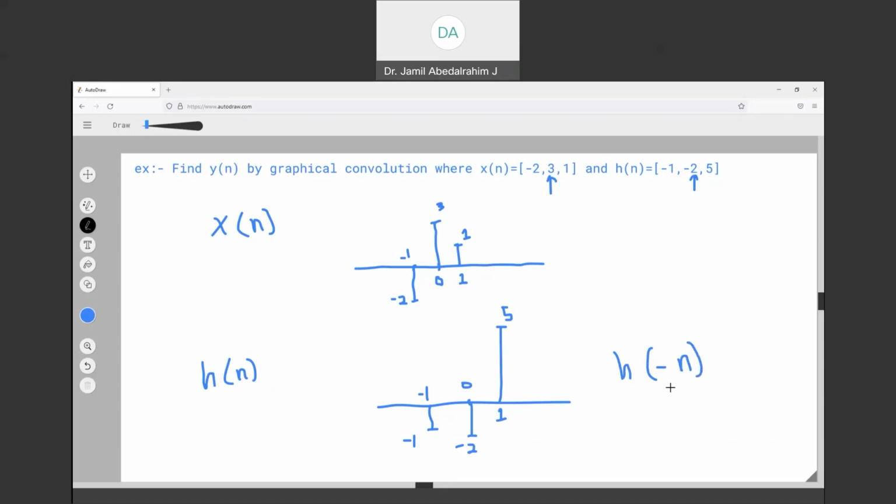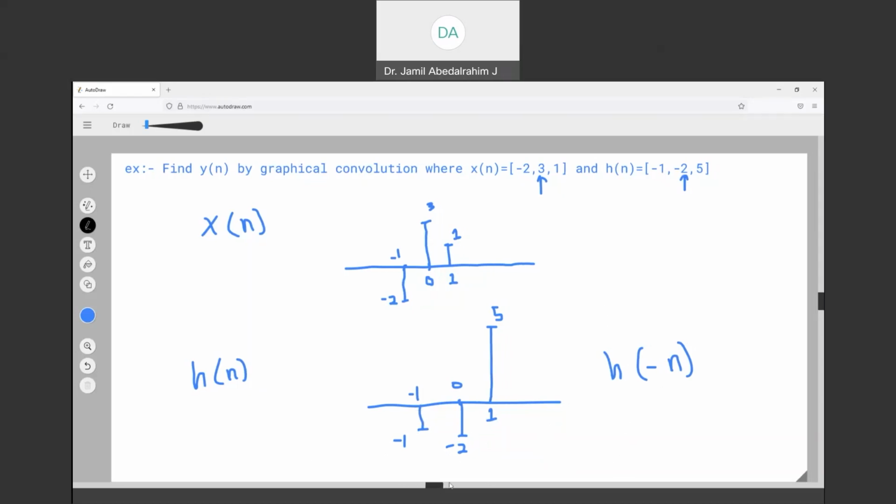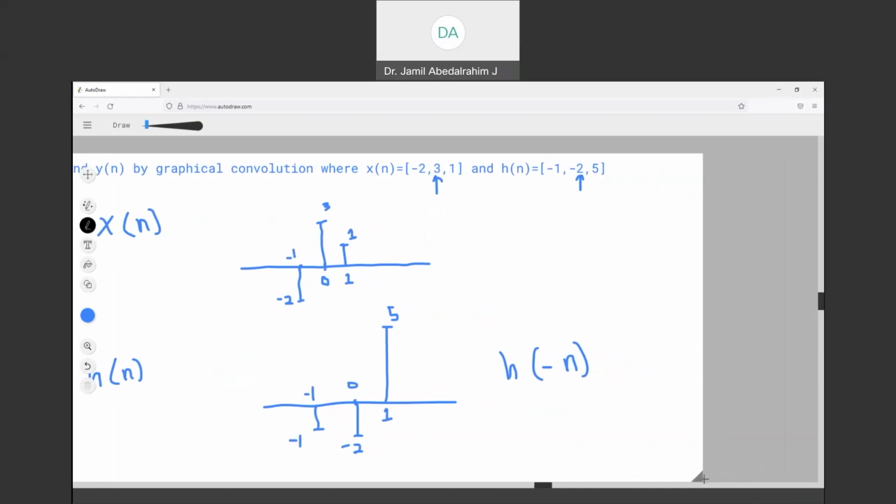Okay, you remember in the beginning of semester, I explained how we do reversal or flipping. By the way, there are two types of flipping. The first can be flipped around the 0 axis. It means the signal at 1 becomes negative 1, and the signal at negative 1 becomes 1. So if we draw it, it will be like this.